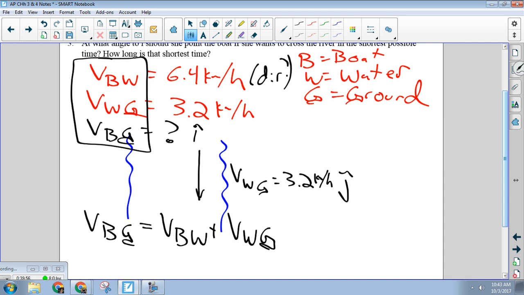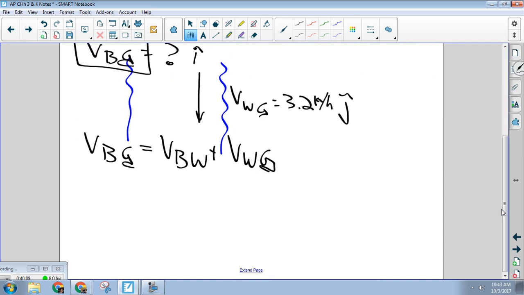All right. So I know the velocity of the water relative to the ground. I don't know the velocity of the boat relative to the water, but I know this has to be horizontal. So I feel like my drawing needs to end up looking like this. We've got the water carrying her downstream. So here's the velocity of the water relative to the ground, right?